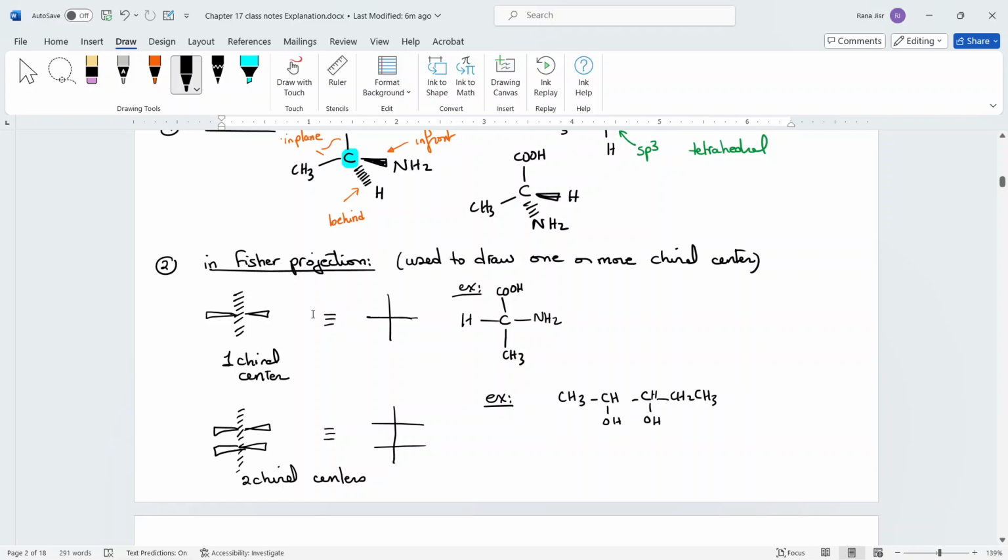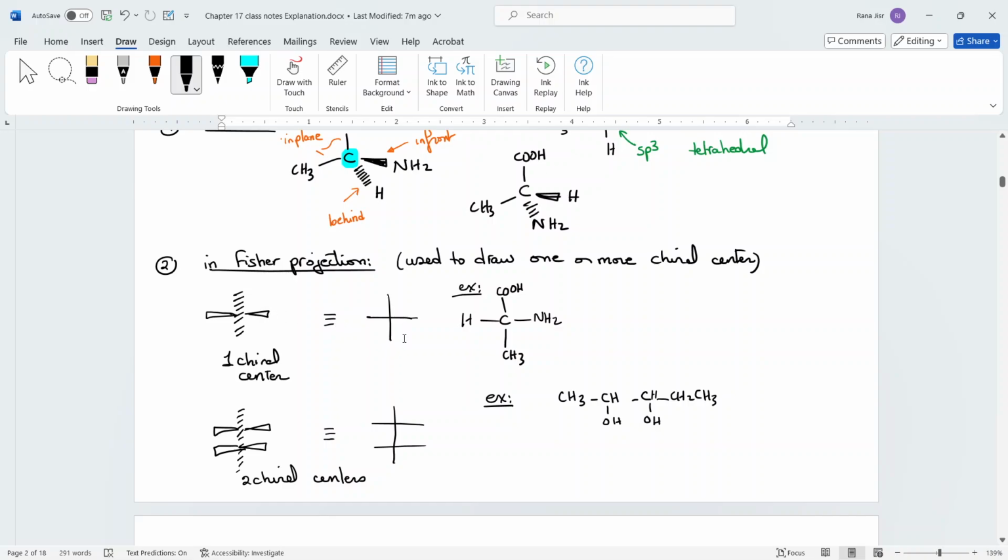So what is Fischer? It's two lines, kind of like a cross. You have a vertical line and a horizontal line. The vertical line means that the groups on it are behind. The horizontal line means that the groups on it are in front, okay?